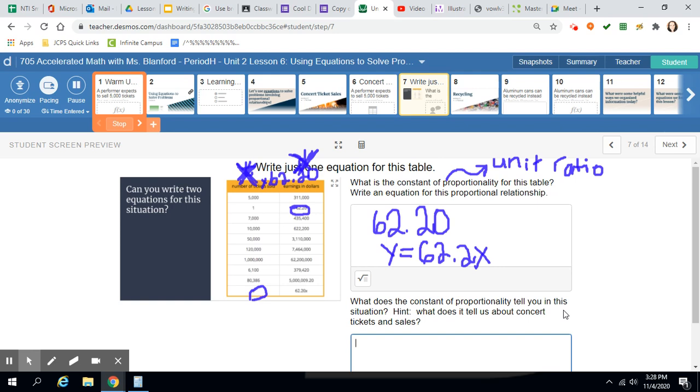So I know that the constant of proportionality tells me that every ticket costs $62.20. That's it. That's really what it's telling me, right? So in this particular situation, okay?